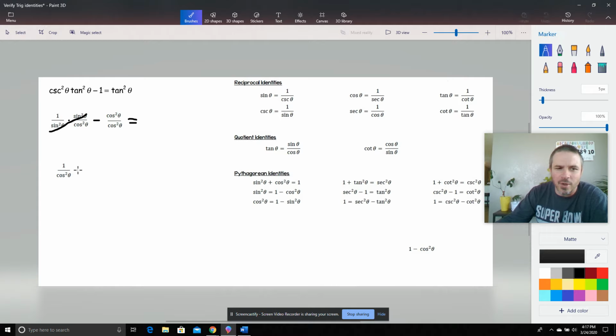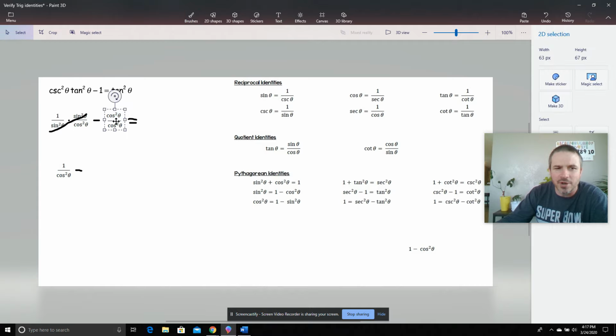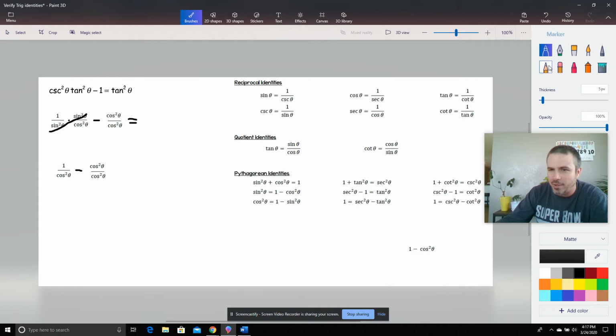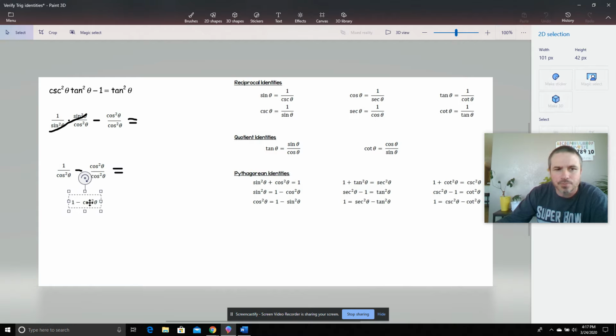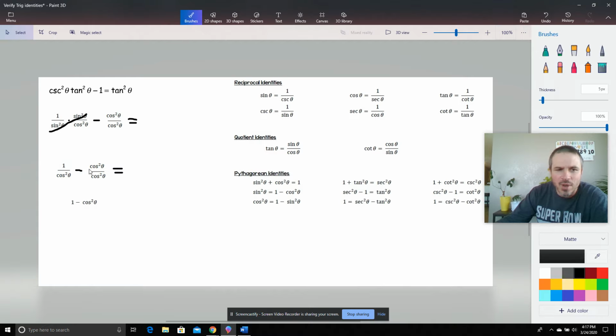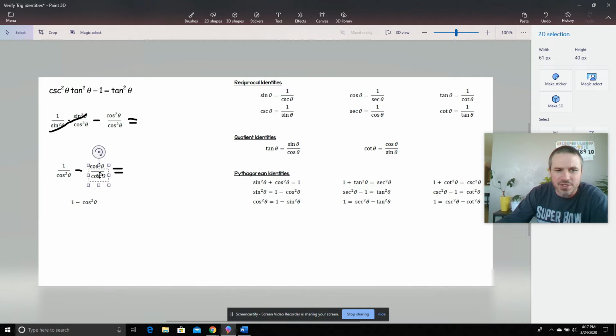And then on the right side, we're going to get this, okay? So what we have here then is common denominators already. So what we can do from that is we can take these common denominators and we can kill fractions, right? So a good strategy is just to wipe out fractions. So we can just combine this, and what we're going to get on top is 1 minus cosine squared. So that's going to be my new top. And our denominator then is just this cosine squared of theta.